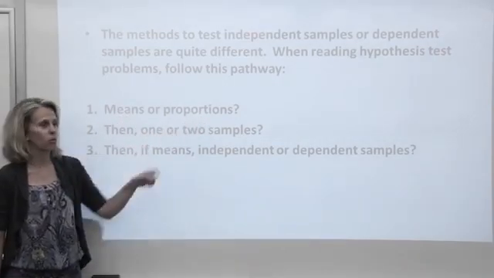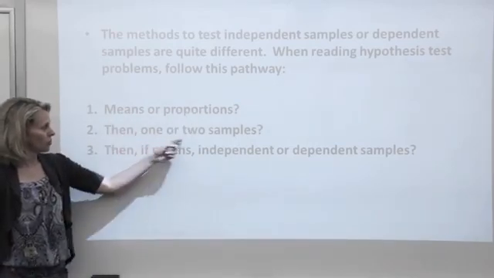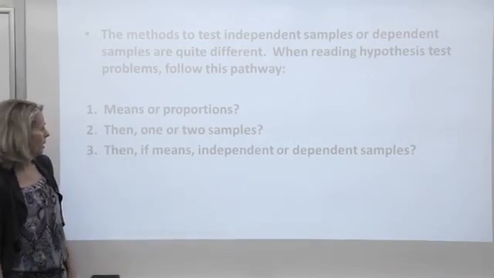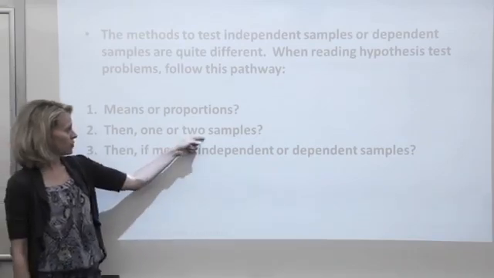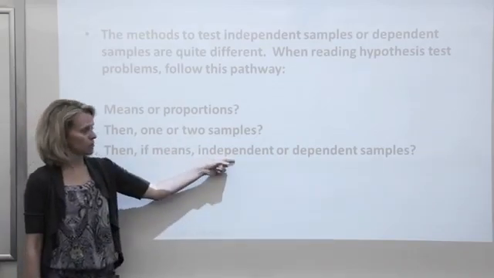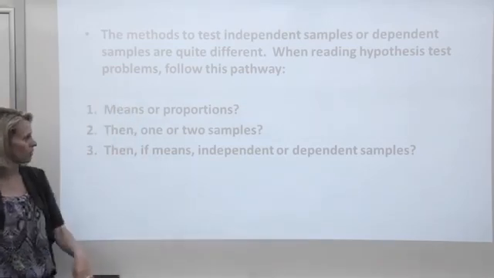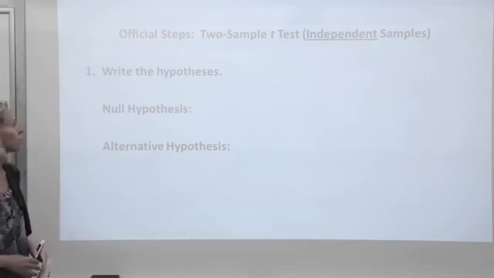Is your variable categorical? Once you've made that decision, are you looking at one sample or two samples? Then, if it's a mean problem and you have two samples, are those two samples independent or are they dependent? That's the sequence of questions that you want to ask yourself.